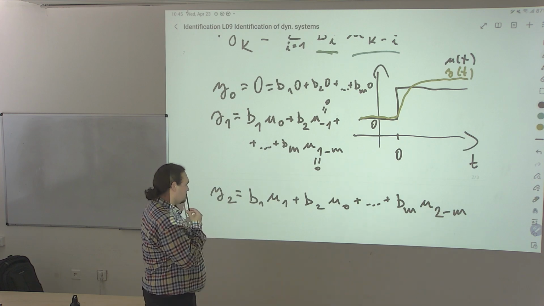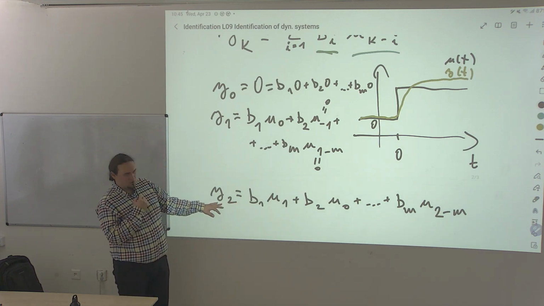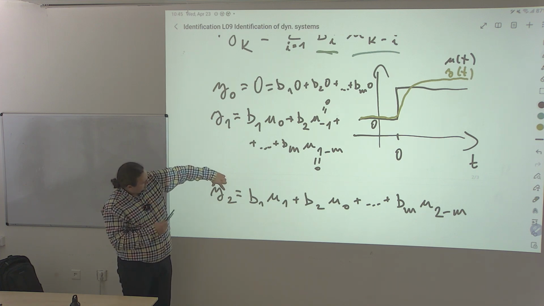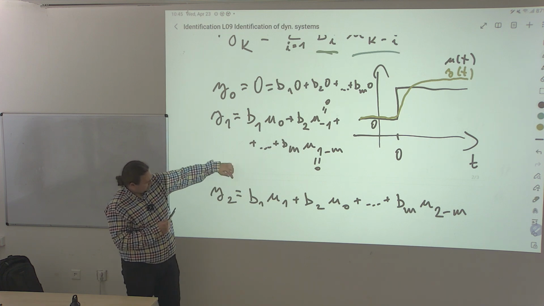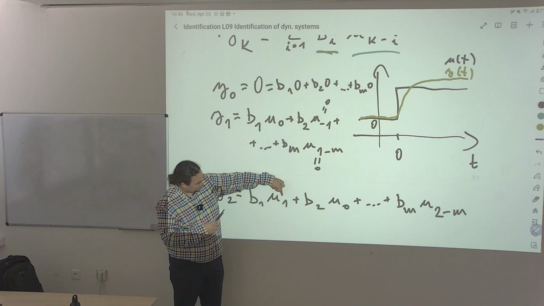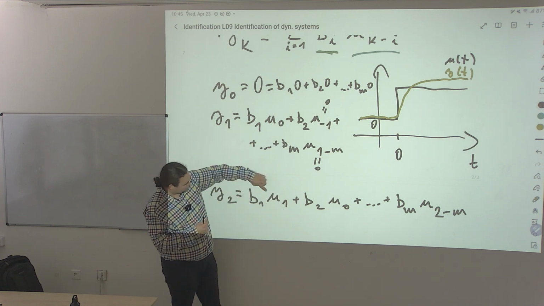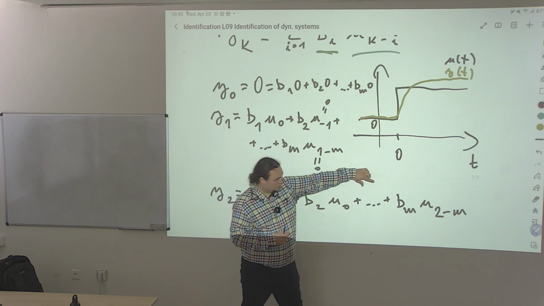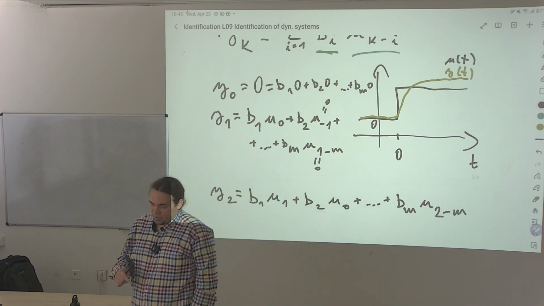Which sounds like we will now be just repeating this pattern. What does it mean? My output at time point 2 is just given by the past, so the previous one, 2 minus 1, 2 minus 2, 2 minus 3, until 2 minus whatever this number m is.